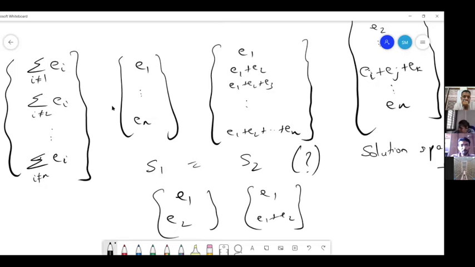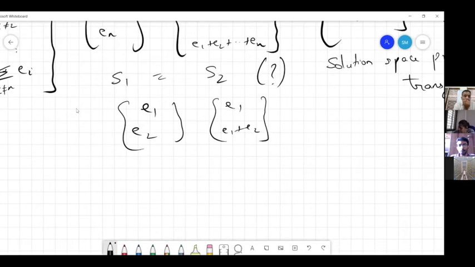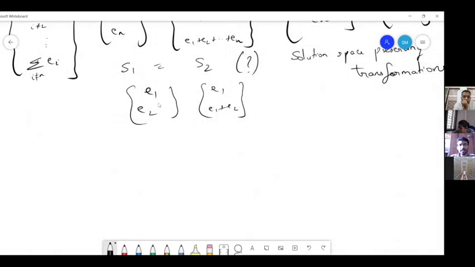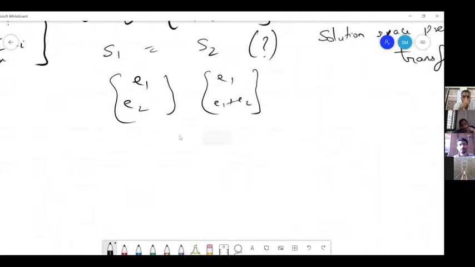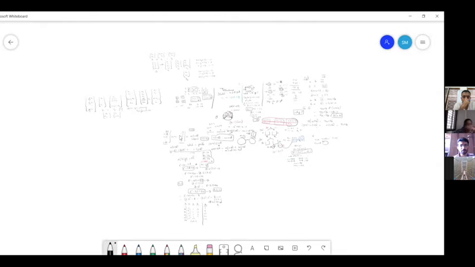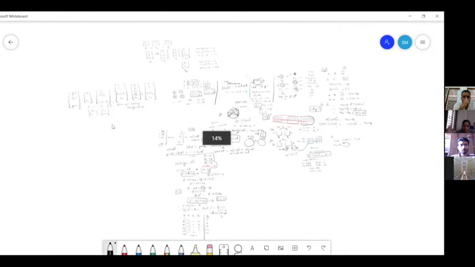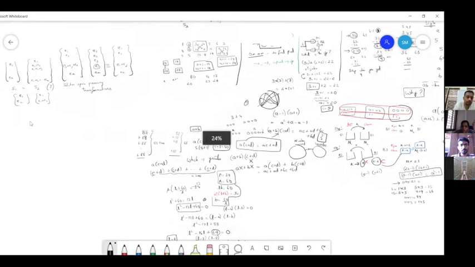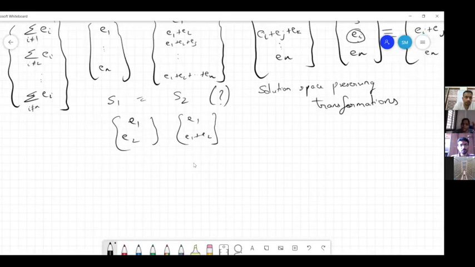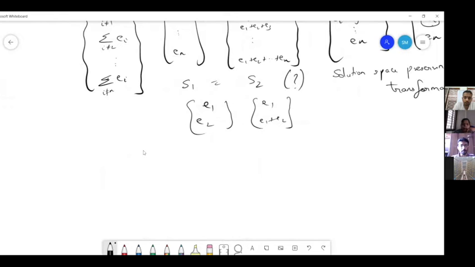I was just talking about introducing a notation here. So E1 and E2 is equivalent to E1 and E1 plus E2. How did we see that? This we did by taking x1, y1, for example. If it belongs to S1, does it always belong to S2, and the converse? So if a solution x0, y0 belongs to S1, you checked if x0, y0 will also belong to S2.